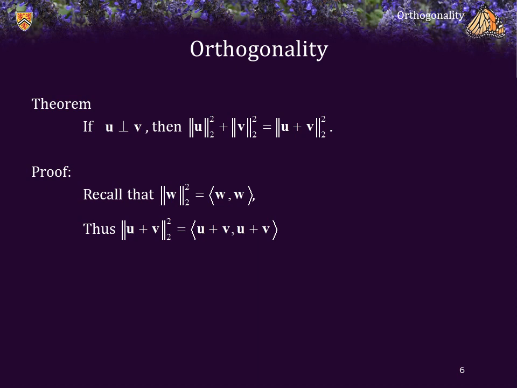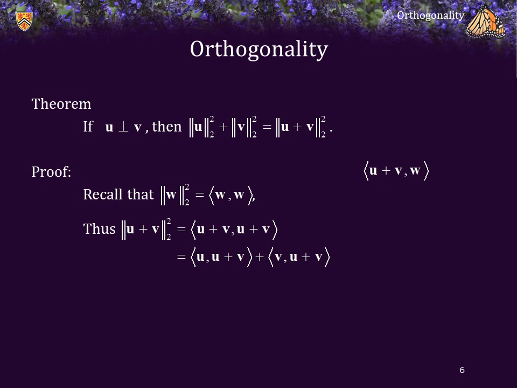So therefore, if we split apart the first component, we have the inner product of u and u plus v plus the inner product of v and u plus v. Now, if you didn't catch that, replace the second u plus v with a vector w.